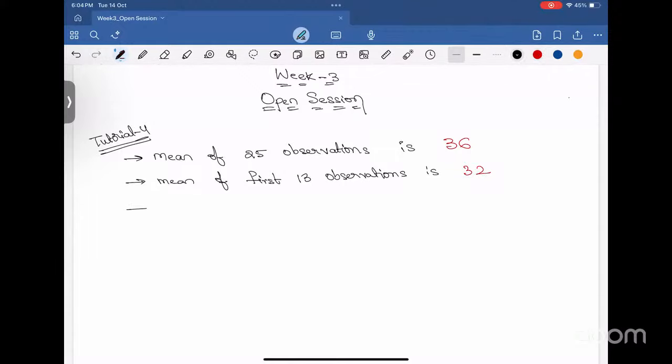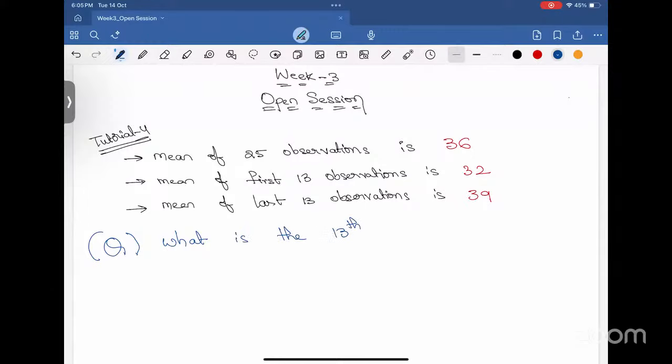And the next information given to us is mean of the last 13 observations is 39. Now the question is, what is the value of the 13th observation?